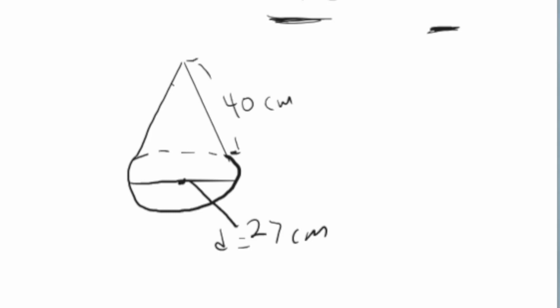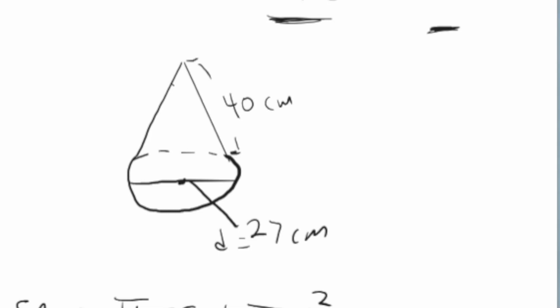40 centimeters. Note that our formula, surface area of a cone, is equal to pi r s plus pi r squared.